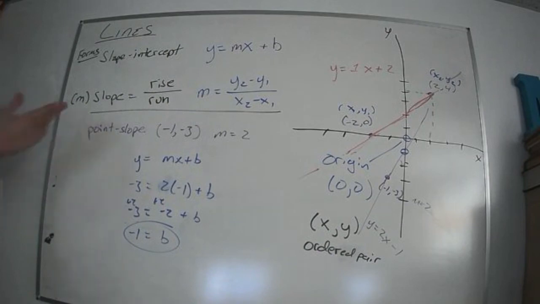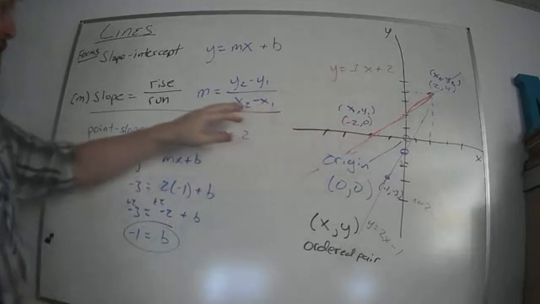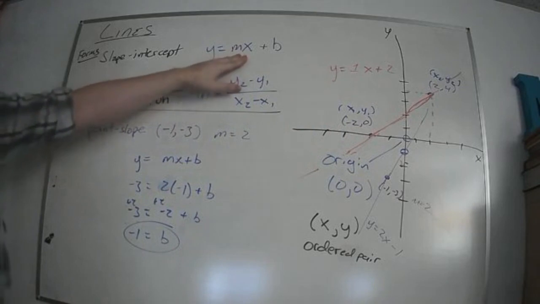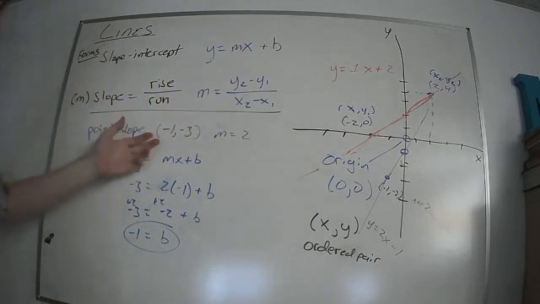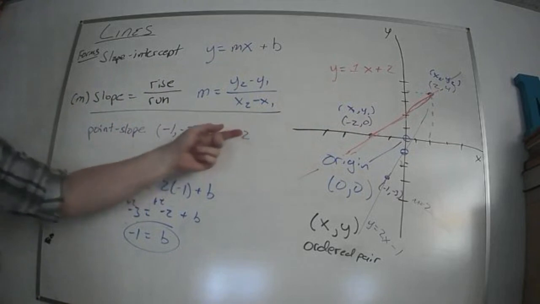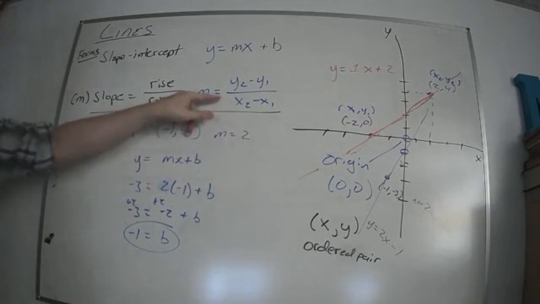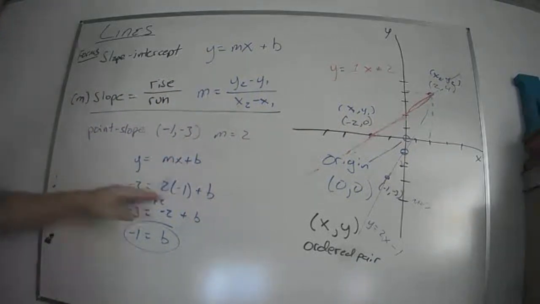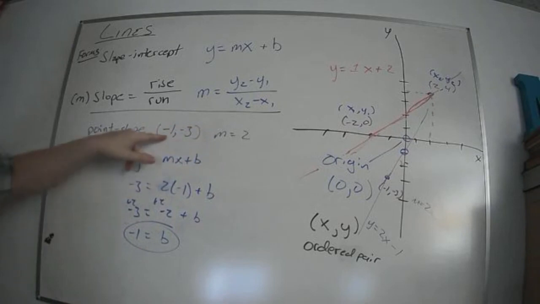Now, of course, if I have 2 points, I simply connect them with the line, and then I try to determine the slope by first using this equation and substituting one of those points into this line. In this case, I only have 1 point, but I already know the slope, which means this part of the problem, this equation, has already been done for me. So I can simply put it into this form, substitute the y coordinate into the y value, the x coordinate into the x value, and solve.